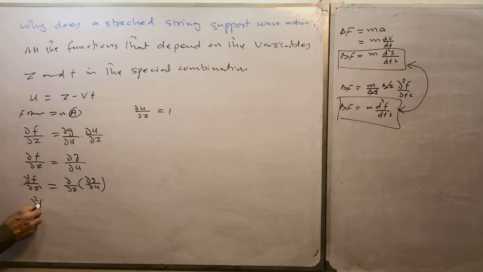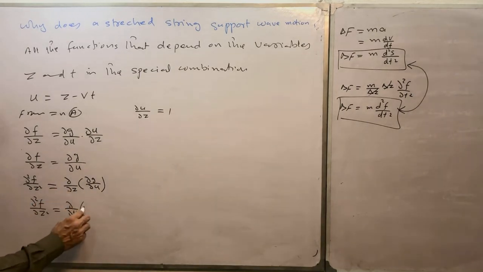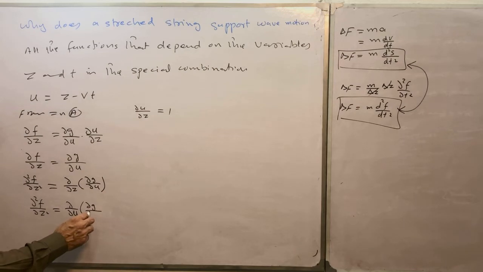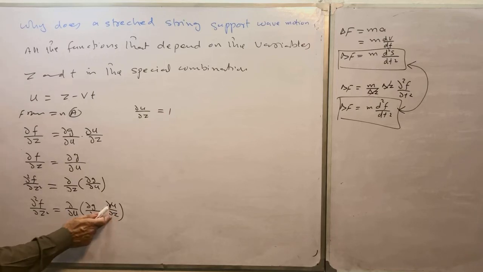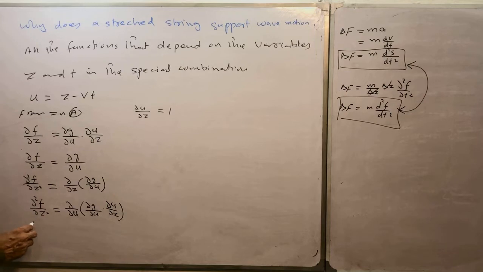Then partial square f divided by partial z square is equal to partial divided by partial u, and then again write this using the chain rule, partial u divided by partial z, and this is again equal to 1.